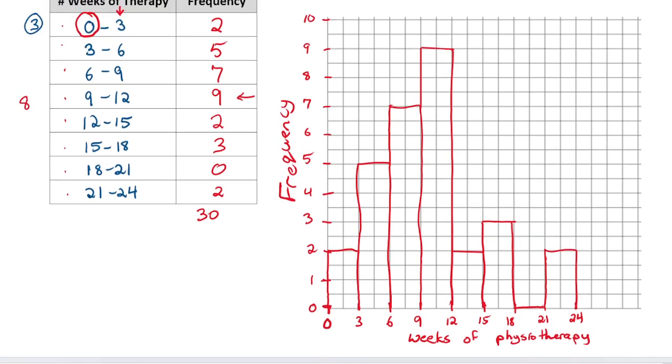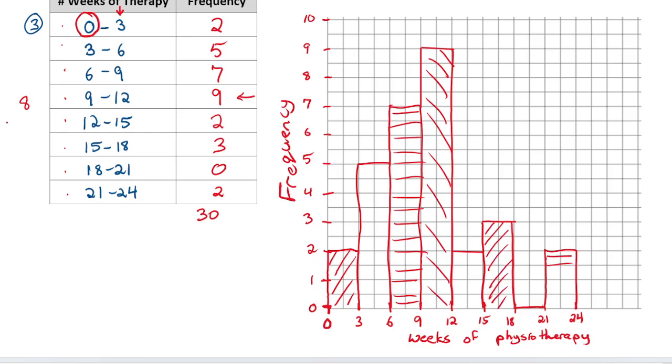And just like the bar graphs, we should try and have some different colors or hatching on these so you can tell the bars apart a little more easily, just so they stand out a little bit better.